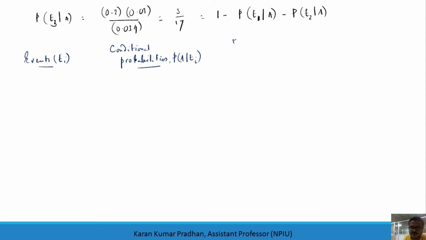Then we have the joint probabilities. Oh sorry, I forgot to write the prior probabilities related to each of the events. It is one of the columns, definitely.